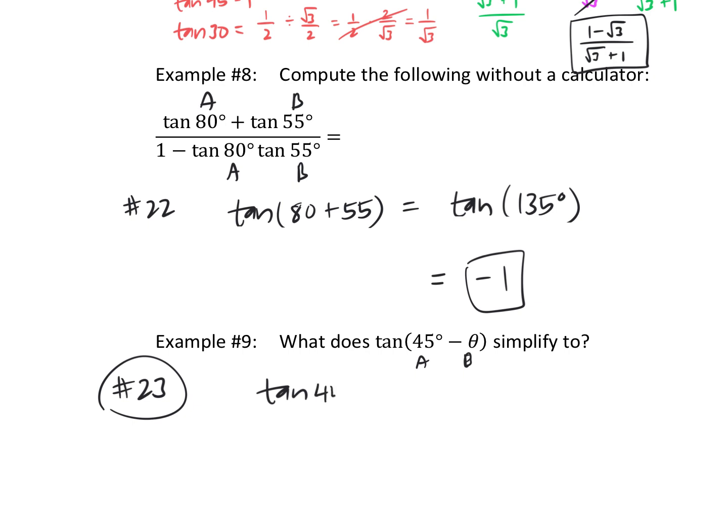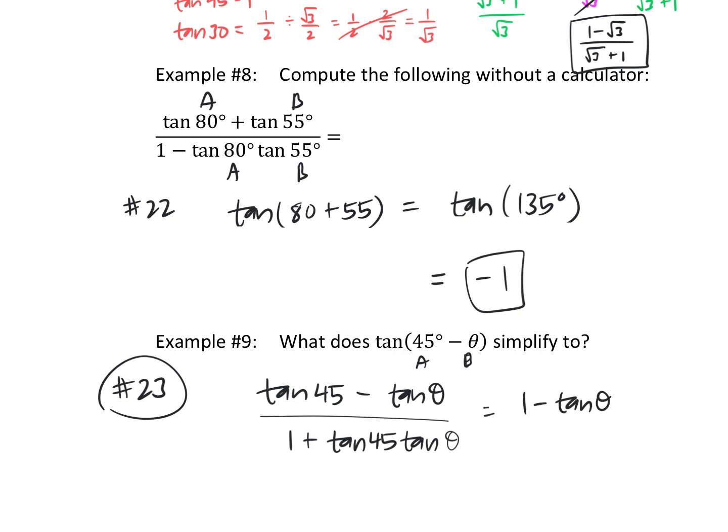So I got tangent of 45 minus tangent of theta, all divided by 1, plus tangent of 45, tangent of theta. Go ahead and simplify your answer. Final answer when you're simplified, this is 1 minus tangent of theta.